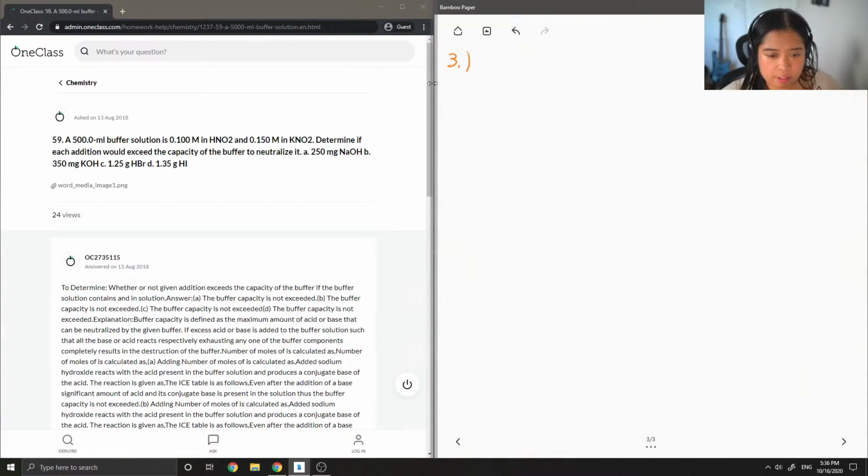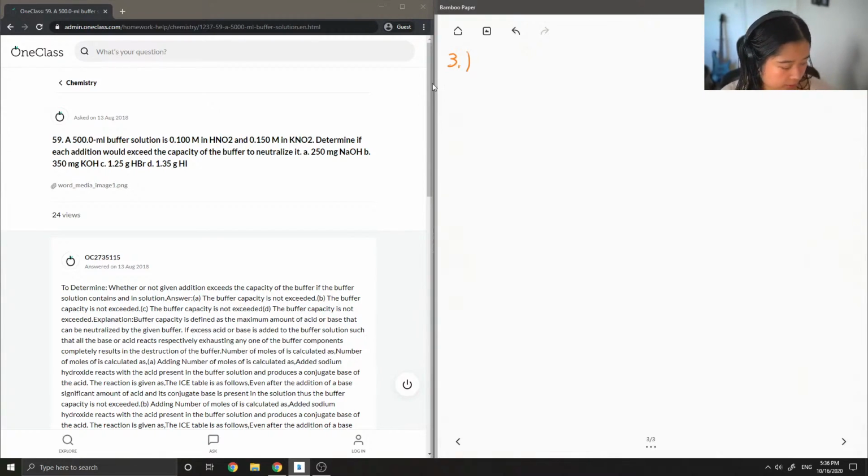So we want to determine if the pH will change greatly if this amount of either acid or base is added to the buffer.